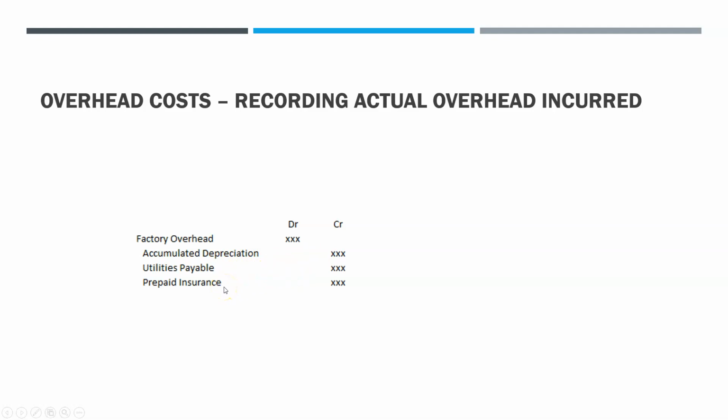If they're prepaying insurance or rent upfront, they're going to credit prepaid insurance or prepaid rent whenever they recognize the rent or insurance expense. But the factory overhead account is the account that's debited for actual overhead expenses that are incurred. Let's go look at the spreadsheet.